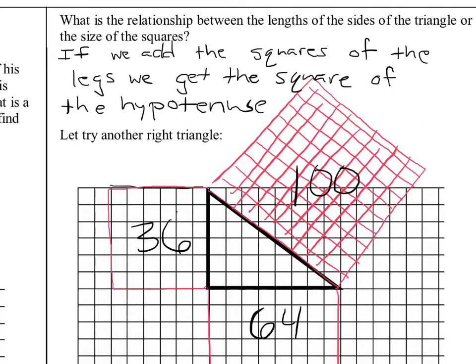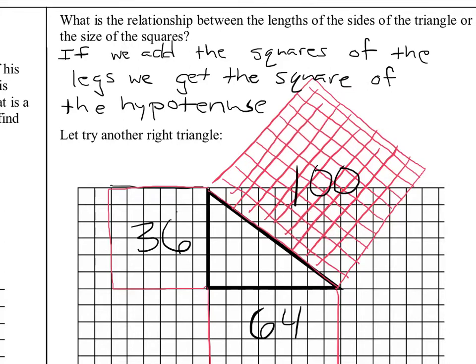So, just thinking about what that means, again, just going back to our visual representation, if we add the square for this leg and the square for this leg, that gave us the square for the hypotenuse.